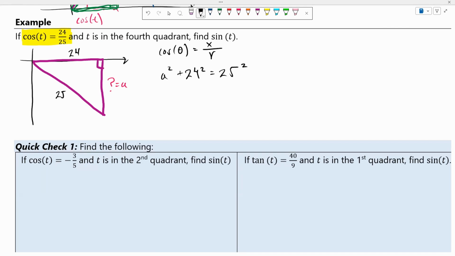Okay, A squared plus, I should get my calculator out. 24 squared is 576, which has got to be equal to 625.